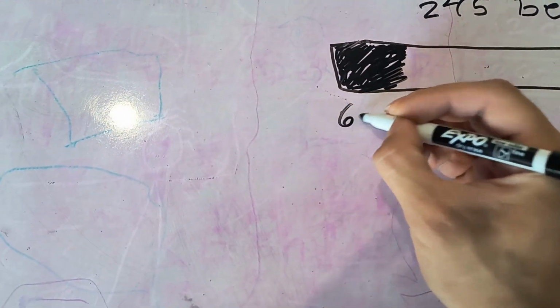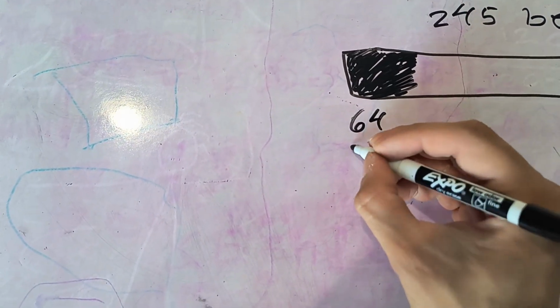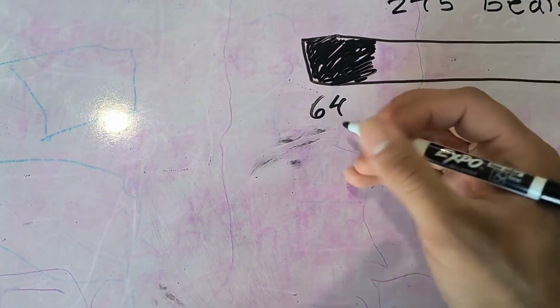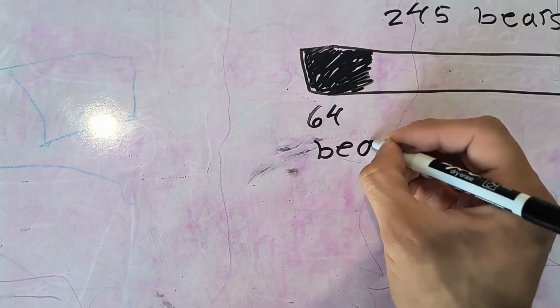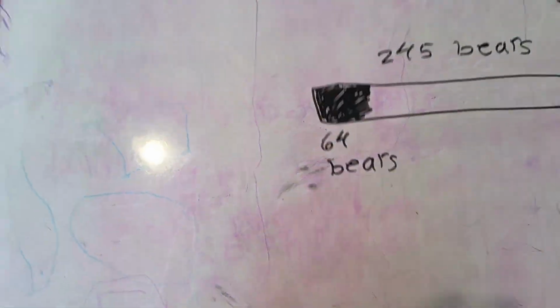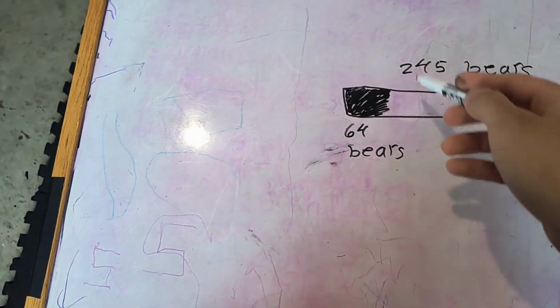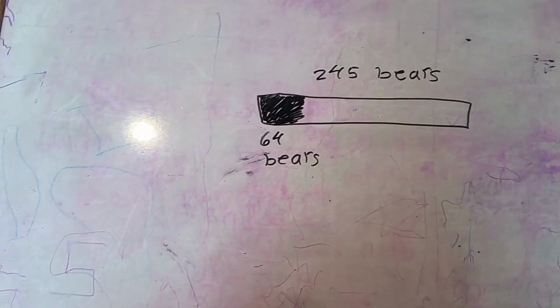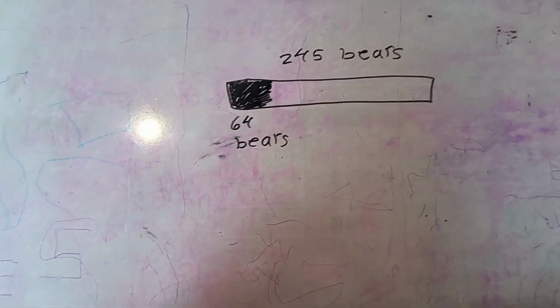Okay. 64 bears. We're just shortening it. Okay. So that represents the 64 bears that ran away. So then if we ask, okay, how many bears are left?